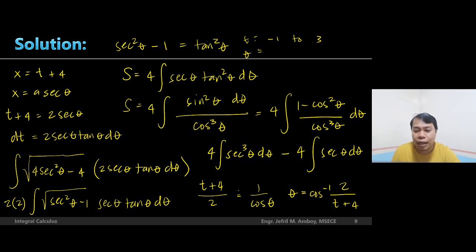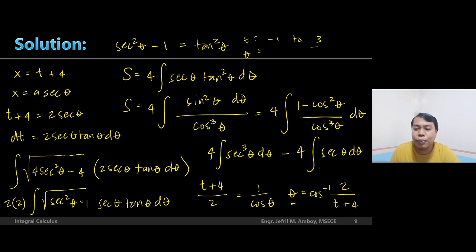Pag cross-multiply mo yan, cosine theta equals 2 over t plus 4. So, to get theta, we get cosine inverse of this expression. No? So, the lower limit will be the value of theta when t equals negative 1. So, that's cosine inverse of 2/3. Okay? Cosine inverse of 2/3. Next, the upper limit will be cosine inverse of 2 over 7, no? When the value of t is 3.